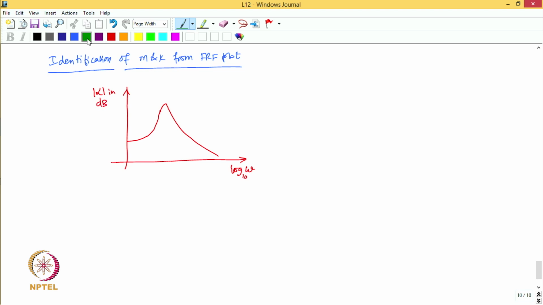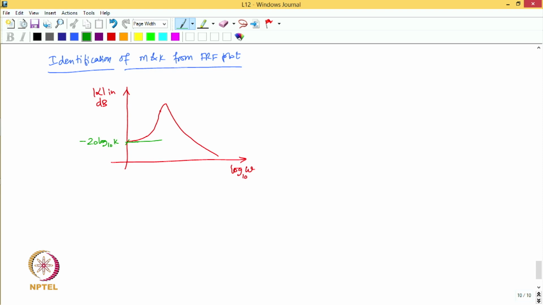So, now to find stiffness, we can draw the low frequency asymptote of the FRF, which is nothing but a straight line in the low frequency range, almost tangent to the FRF, and then we can read where it intersects the y axis. That value would be minus 20 log 10 k, and therefore we can determine the value of k from the dB magnitude.